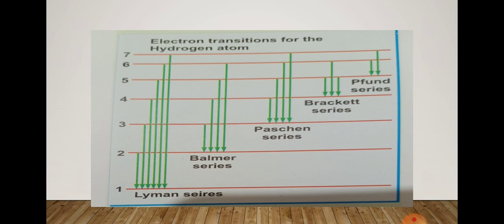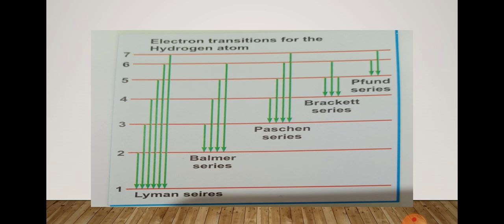Are you understanding? It means hydrogen molecules, when they absorb the energy, get excited and are converted into hydrogen atoms, and the excited hydrogen atoms emit radiations of discrete frequencies or wavelengths.